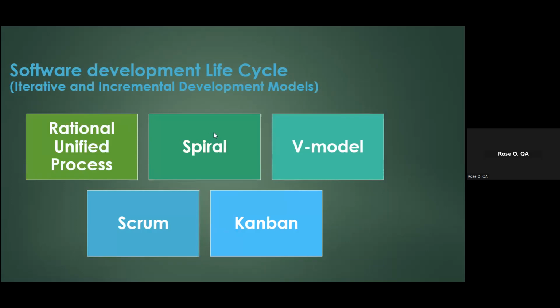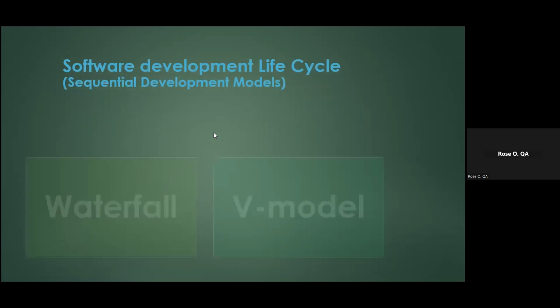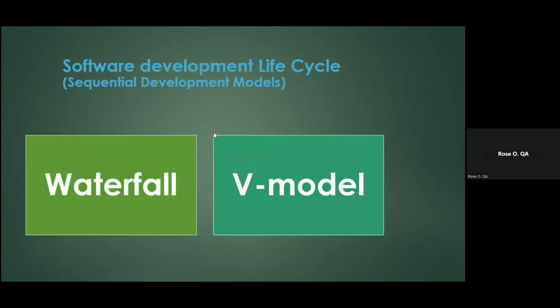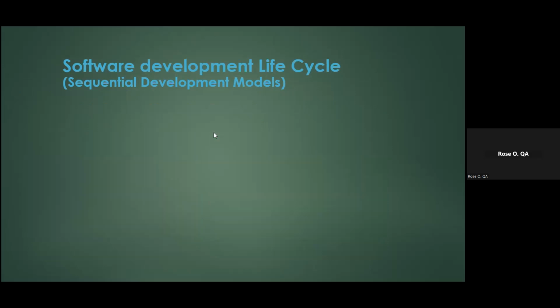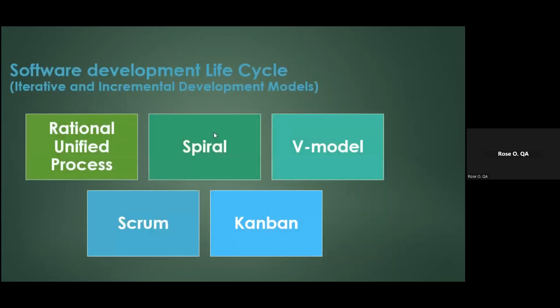There are various types of software development lifecycle: the Rational Unified Process, Spiral, V model, Scrum, Kanban, Agile, and Waterfall. All these are just examples. There are more, but these are the ones people really speak most about.